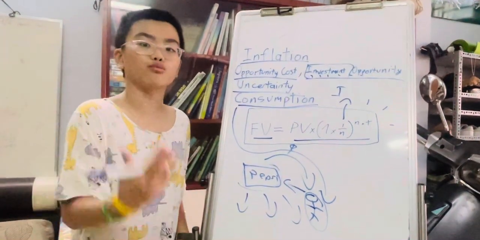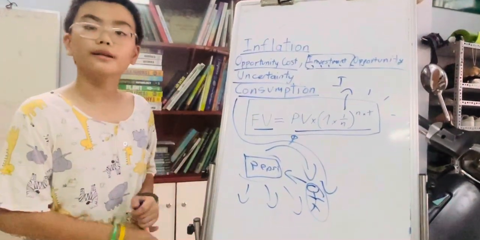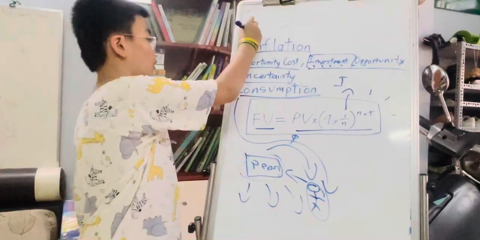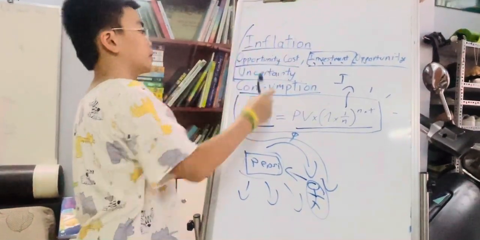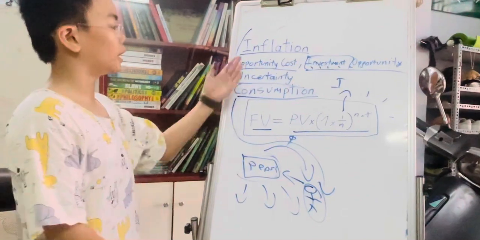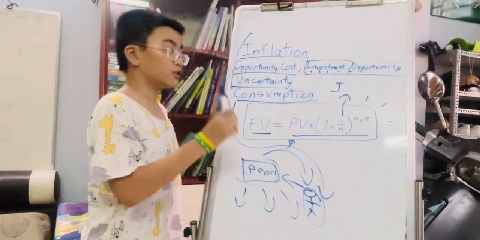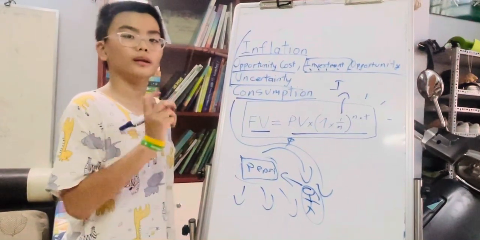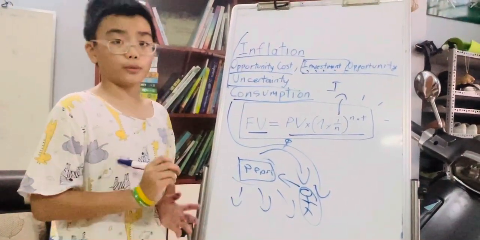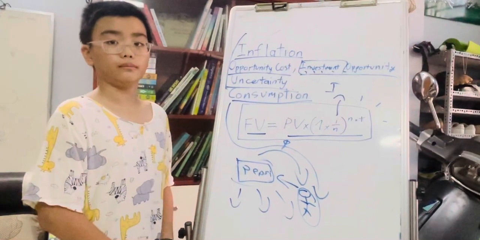He wants to pay his rent on time. But to do that, he needs to understand all of these: inflation, opportunity cost, investment opportunity, and uncertainty. He needs to understand all of that to place only one objective in mind: to make his family survive.